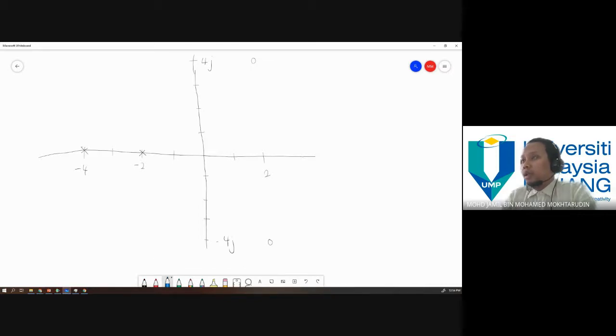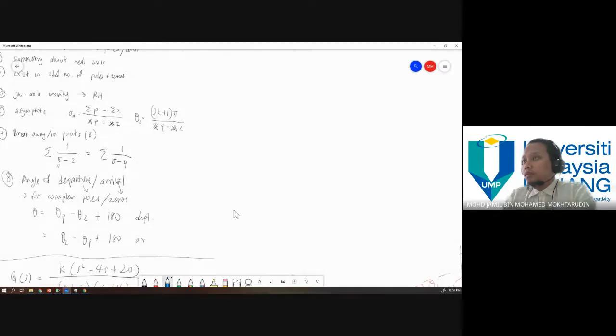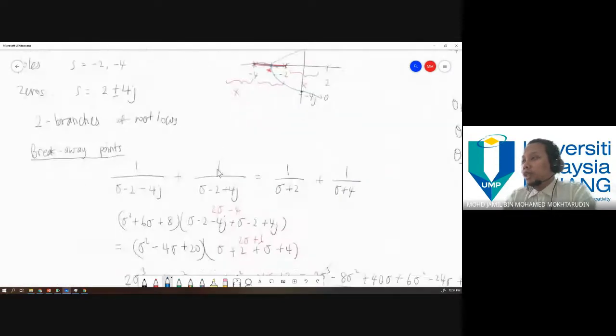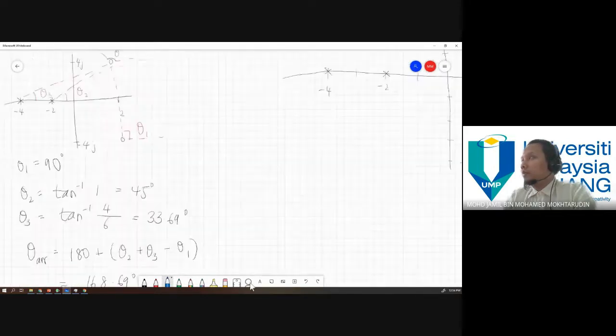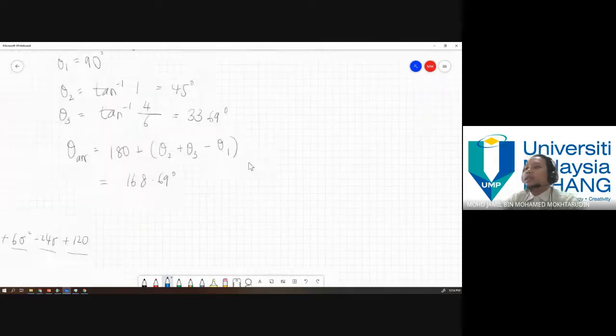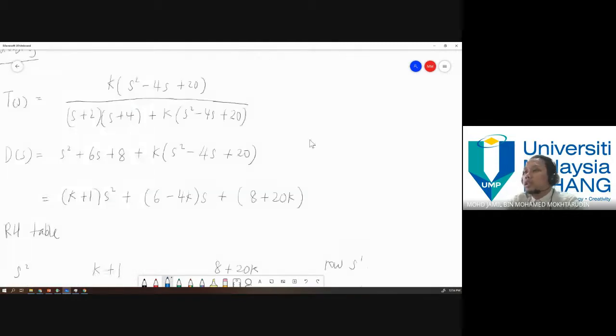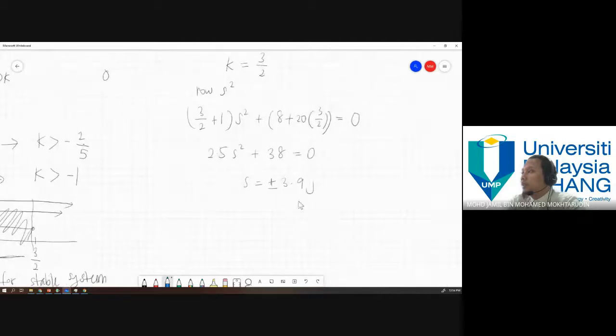Asymptote tadi kat mana tu? Asymptote pula tu. Breakaway points 3.39. So it should be somewhere here as a breakaway point. And then the J omega axis crossing 3.9J.